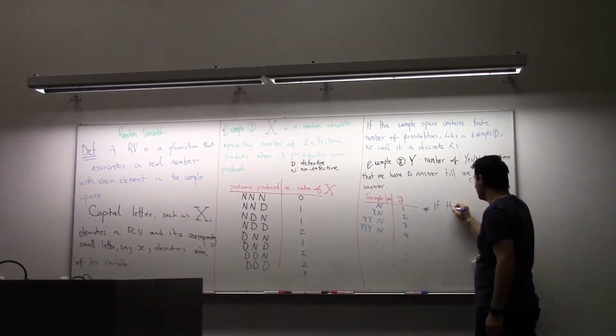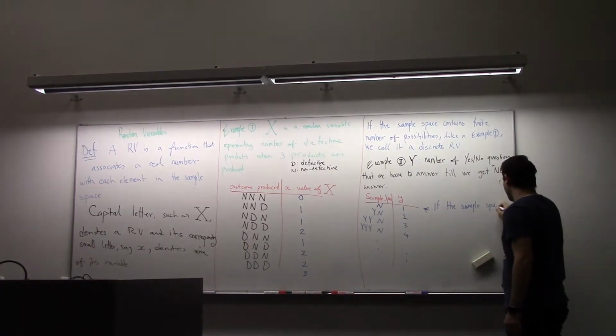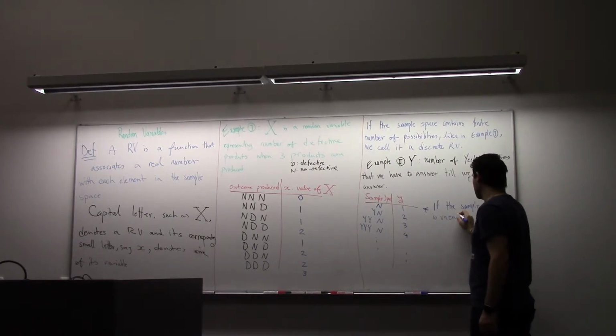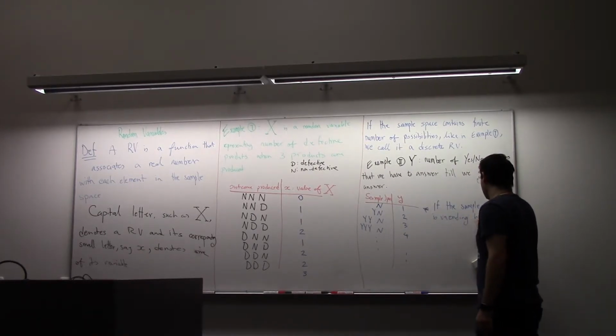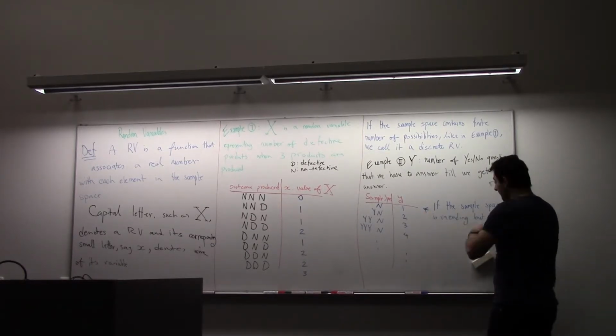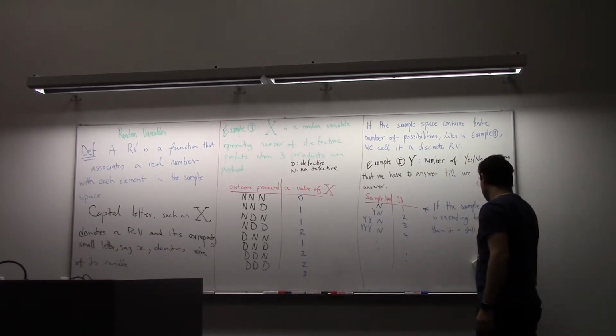If the sample space is unending but integer, like this example that we have, then it is still discrete.